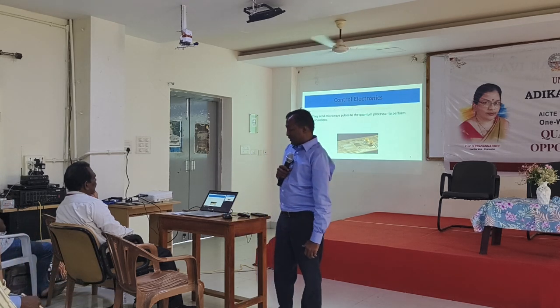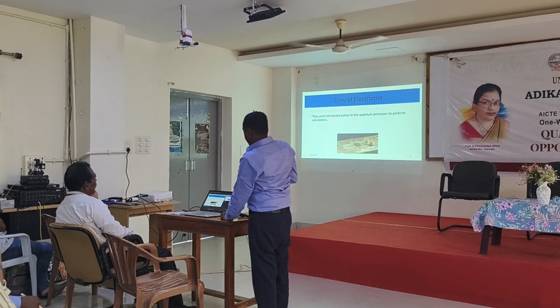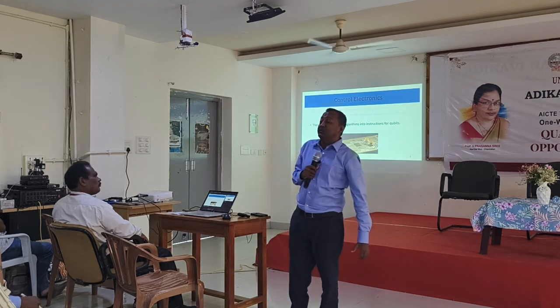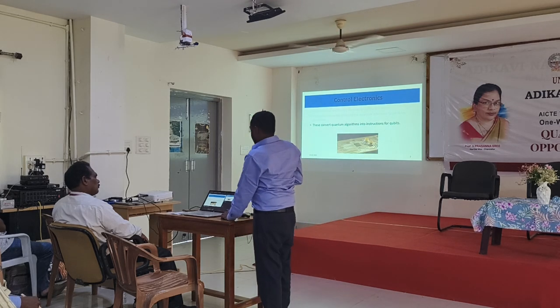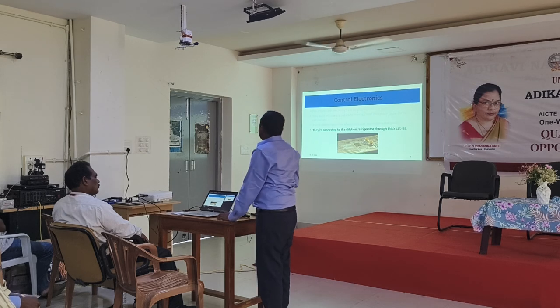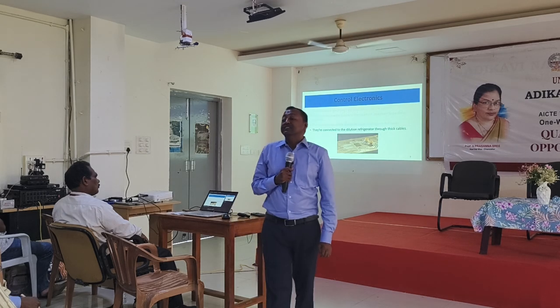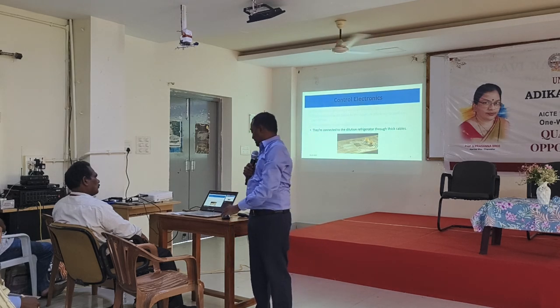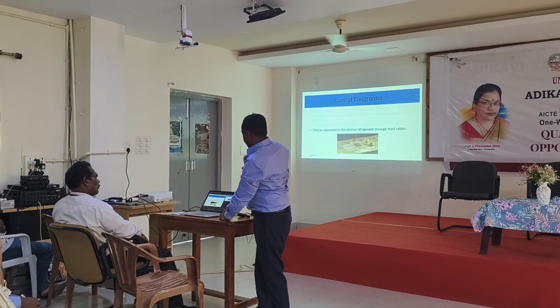They send microwaves to the quantum processor, which performs the calculation. It converts the quantum algorithm into quantum instructions for qubits. The control unit is connected to the dilution chamber, and the remaining part is classical.